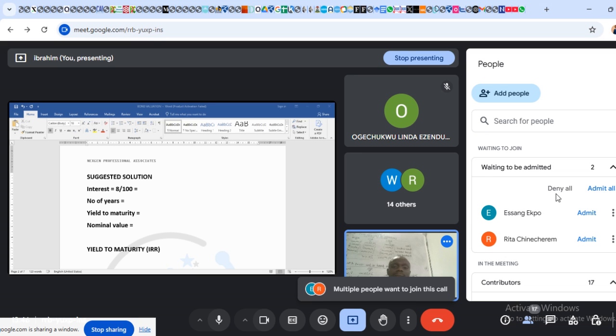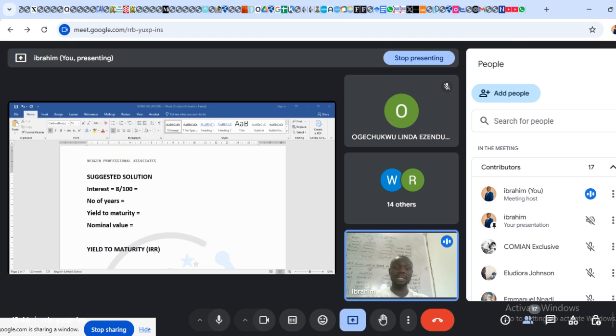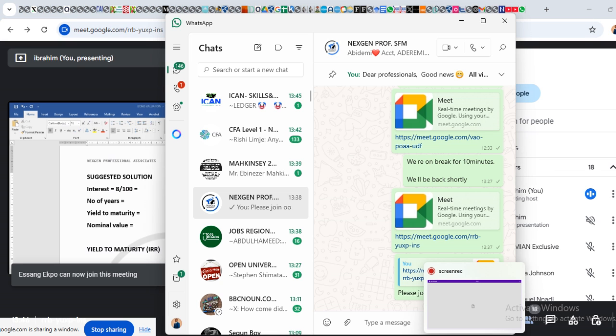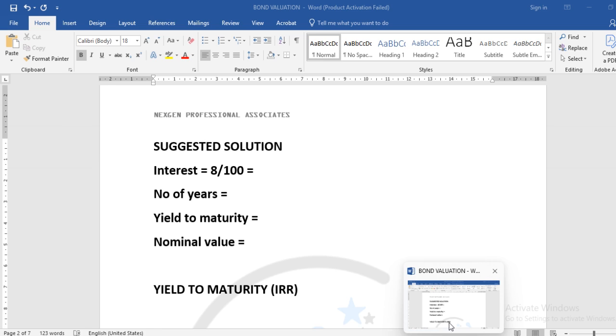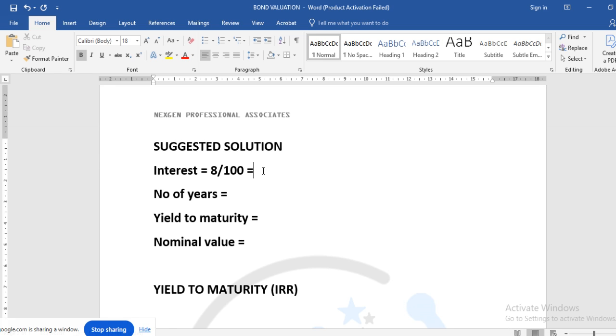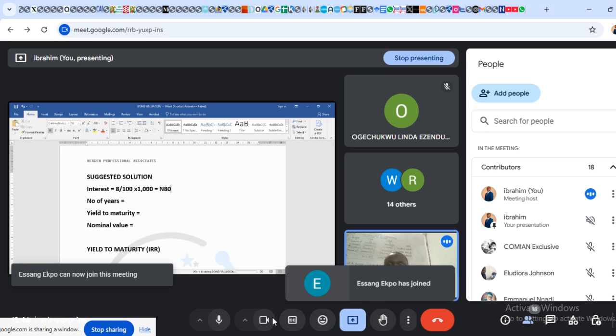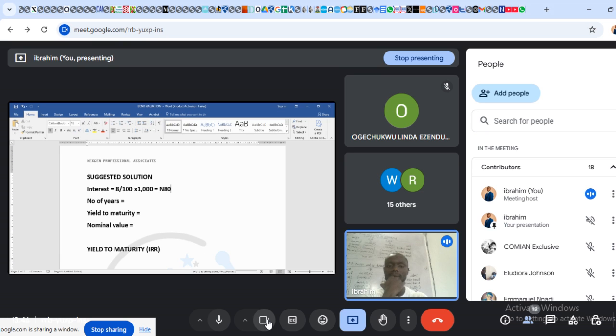We did something similar in cost of capital. So 8 over 100 times the nominal value of 1,000 equals 80 naira. So the interest is 80 naira. Are we good?